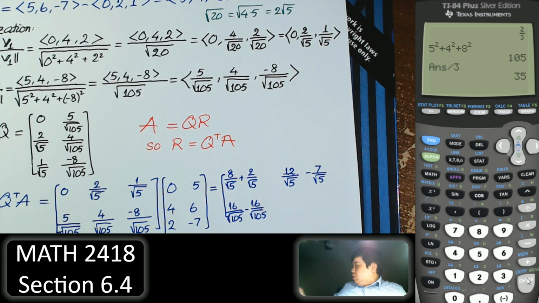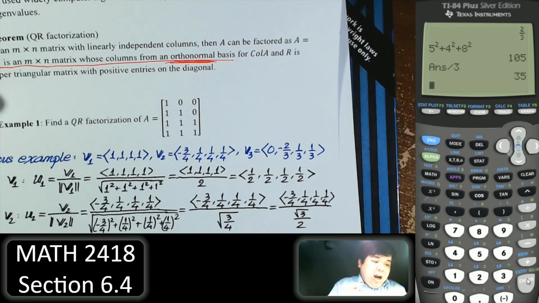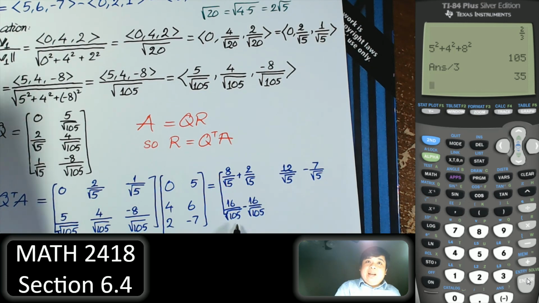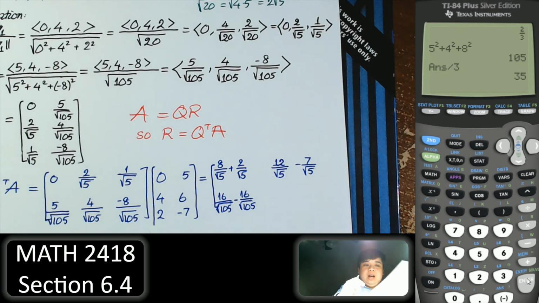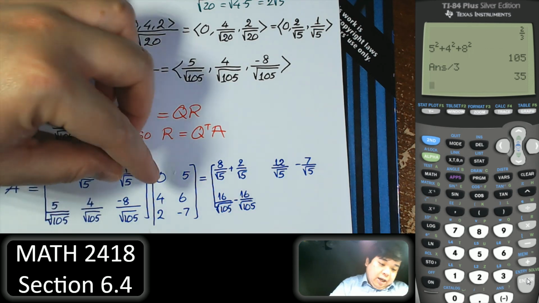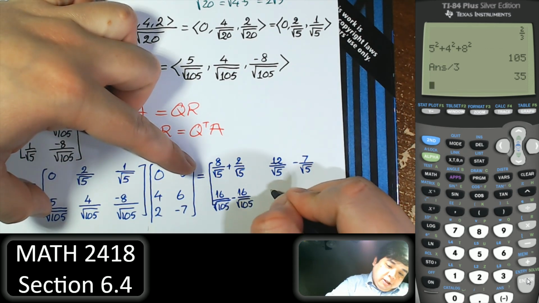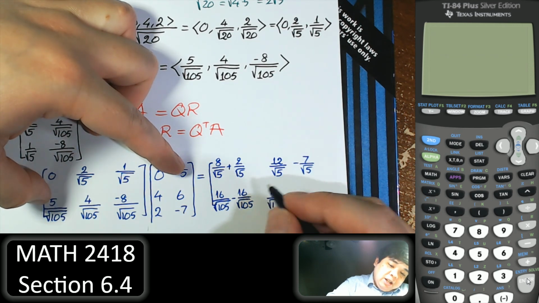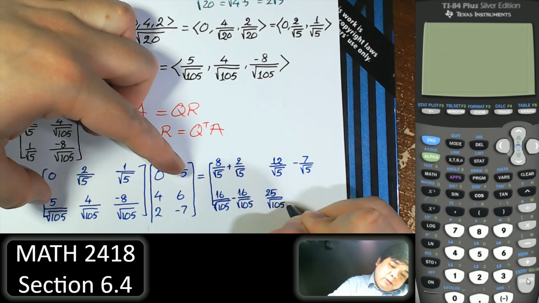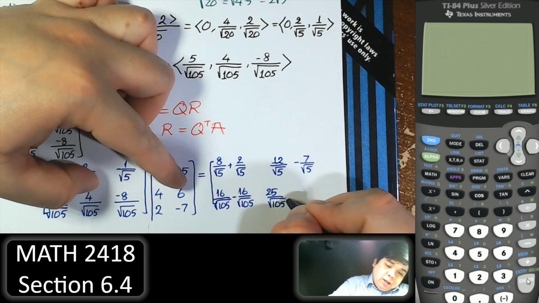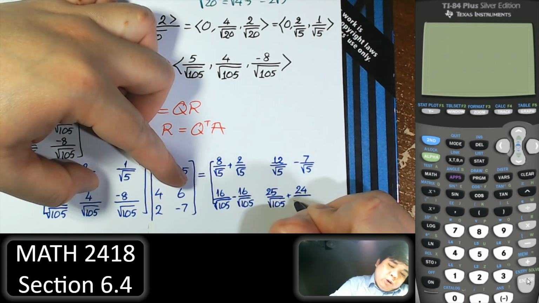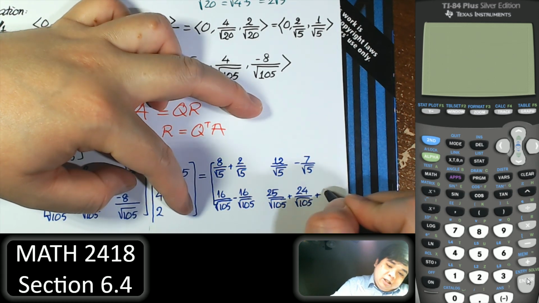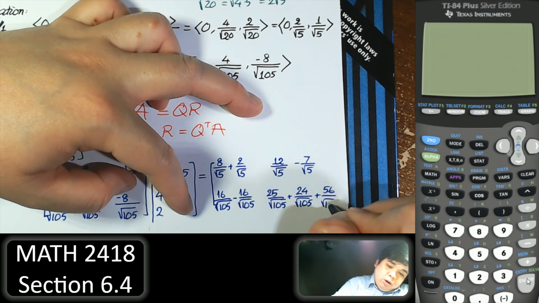Right. Of course, like what we said earlier, R is an upper triangular matrix with positive entries, so that's why this is supposed to be 0, right? So it will be upper triangular. And then the last one, 5 over square root of 5 times 5, 25 over square root of 105, 24 over square root of 105, and 56 over square root of 105.